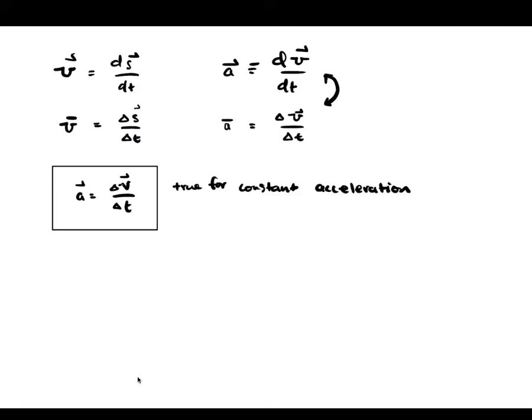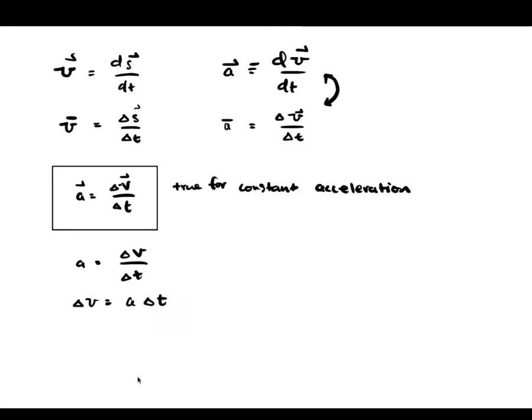Okay, so starting from that, let's just rearrange it. I'm going to drop the vector symbols just for ease of use. If we rewrite this as delta V over delta T, we can pull this over and have delta V is equal to a delta T, okay?